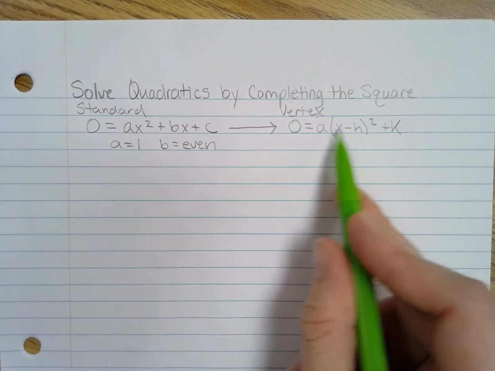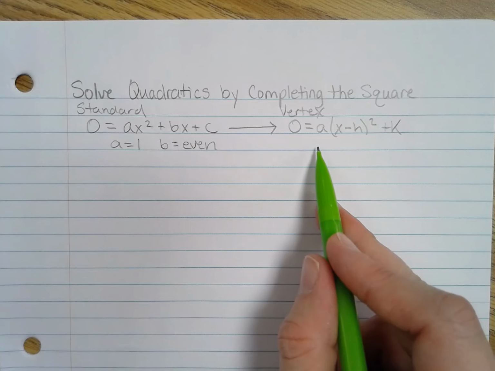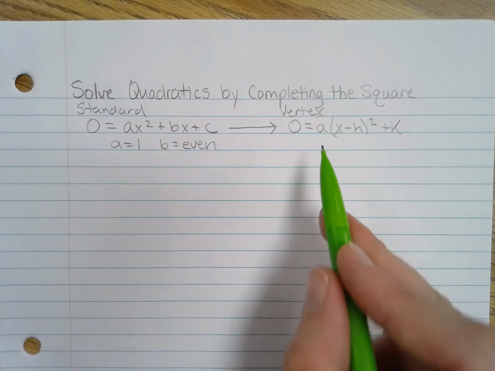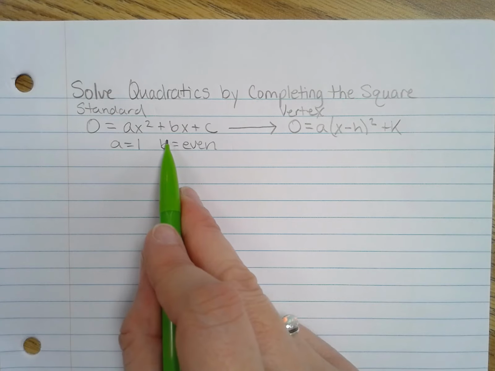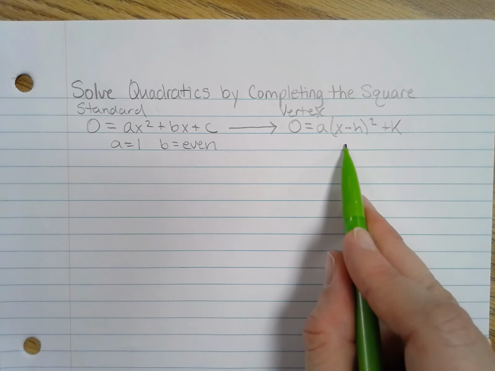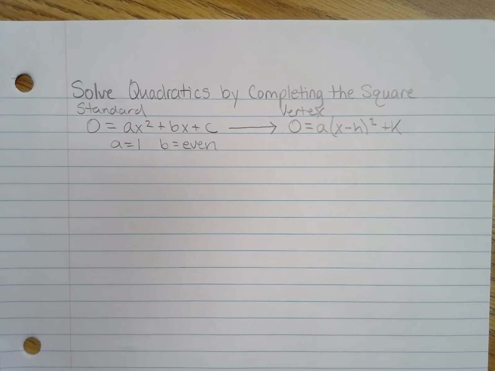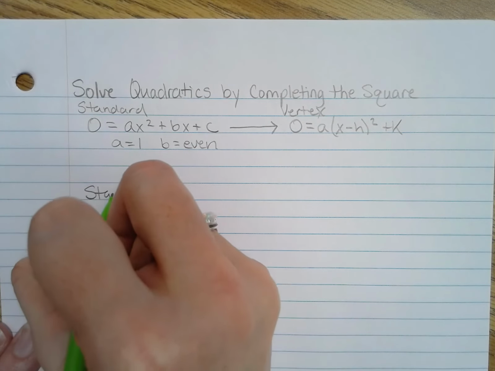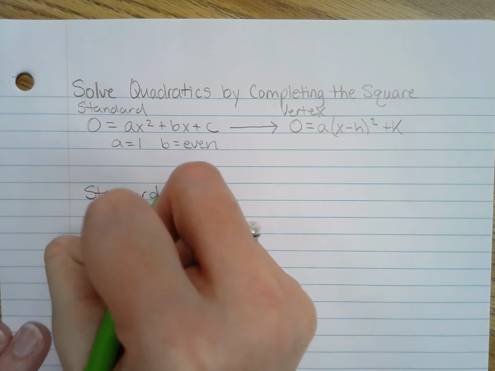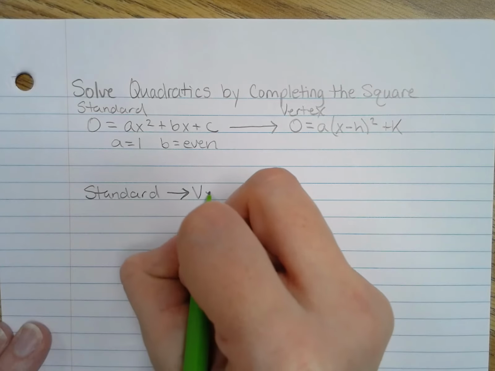So it cannot be used on equations in vertex form because we need to start with standard form, complete the square, and it becomes vertex form. So let's first look at changing equations from standard form to vertex form.